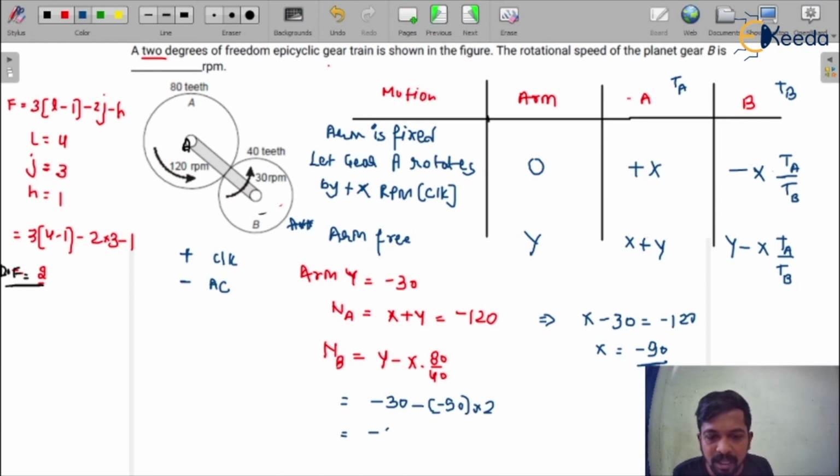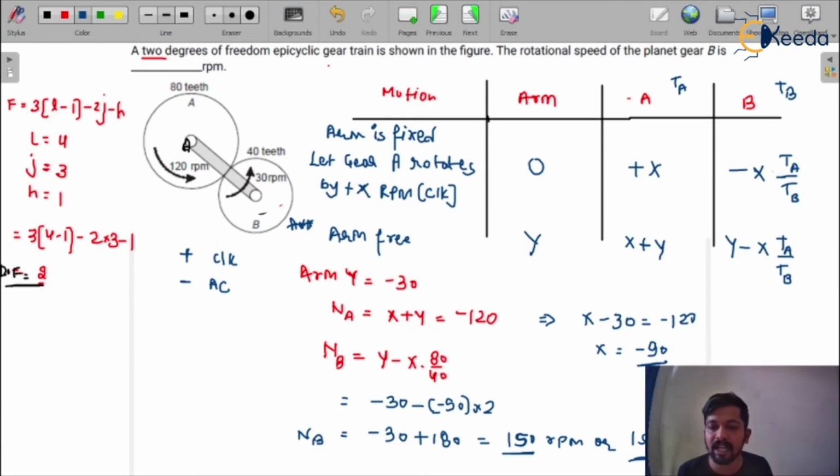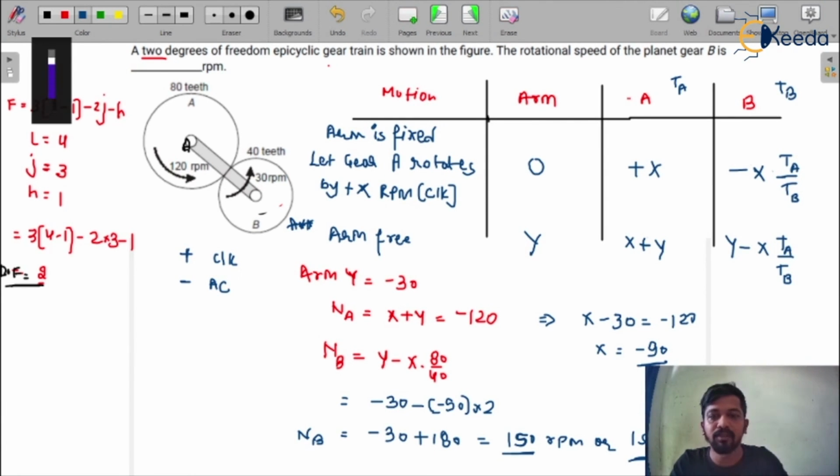So here you can see minus 30, and here it would be plus 180. And you will get 150. This is with the plus sign, that means the speed of the gear B is plus 150 rpm. That means you can write it as 150 clockwise. That would be your answer. Okay, so 150 clockwise would be the answer.